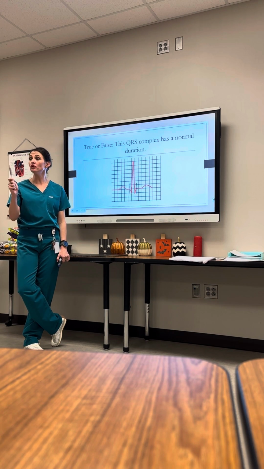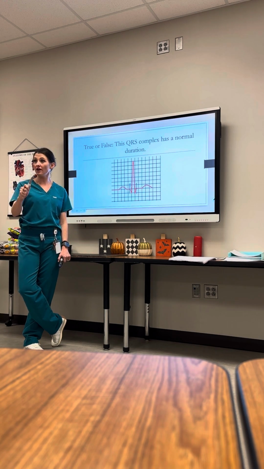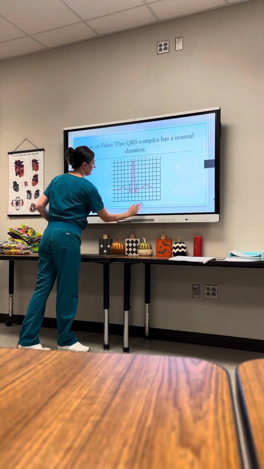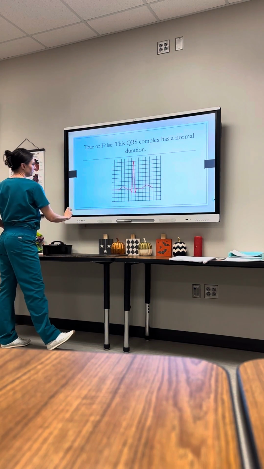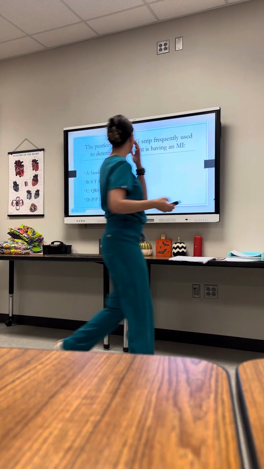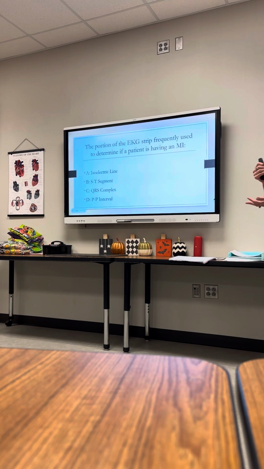And we said the normal duration for QRS was what? Less than 3 small boxes or 0.12 seconds. Okay, all right, let's keep going. Portion of the EKG strip frequently used to determine if a patient is having an MI or a myocardial infarction. A, B, C, or D?